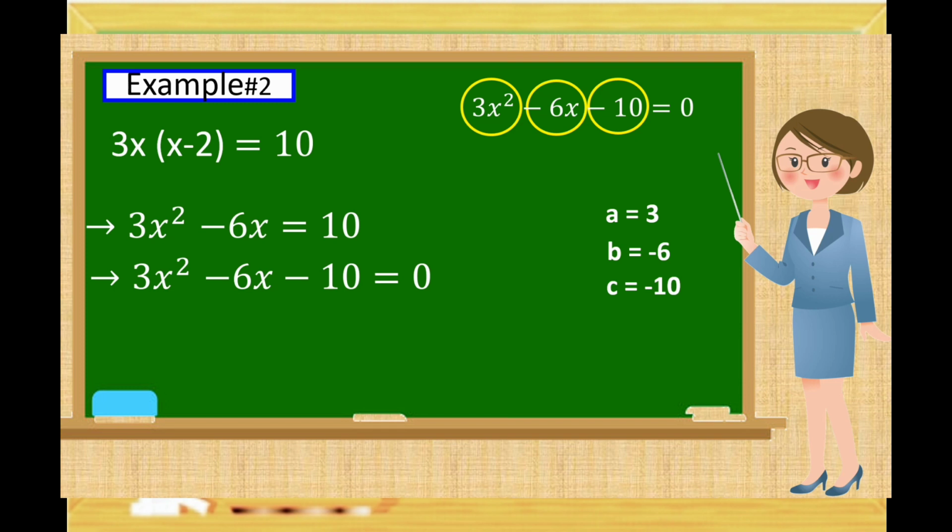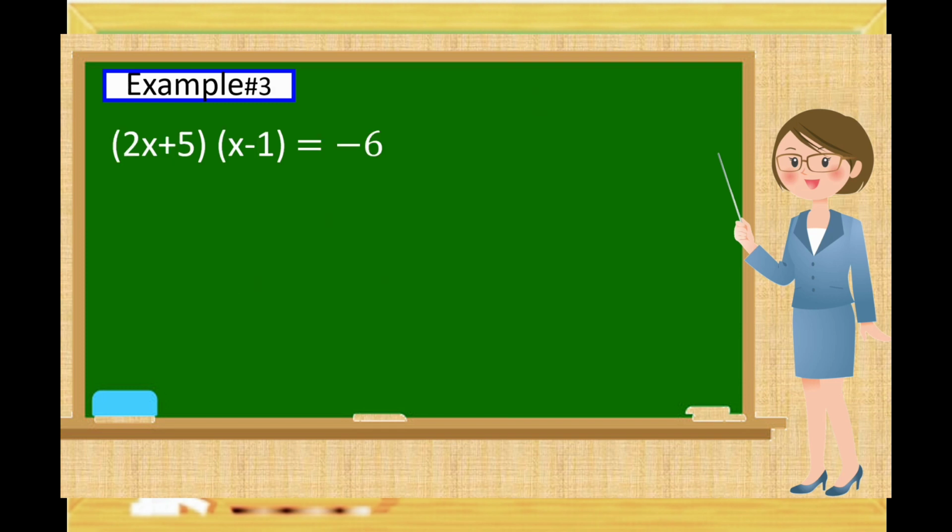Let's try another one. The quantity 2x plus 5 times the quantity x minus 1 equals negative 6 is also a quadratic equation but is not written in standard form.